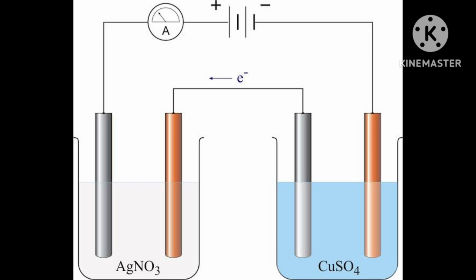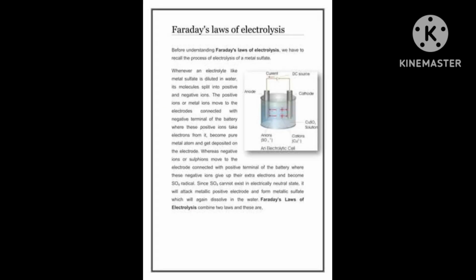How much is required? 2 moles means 2F. So 2 into 96,487 coulomb is required, and it will deposit 1 mole of copper.